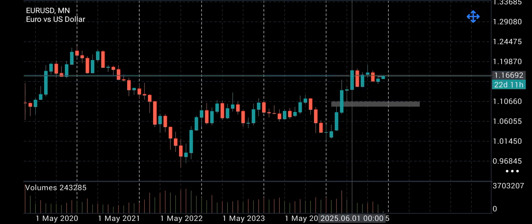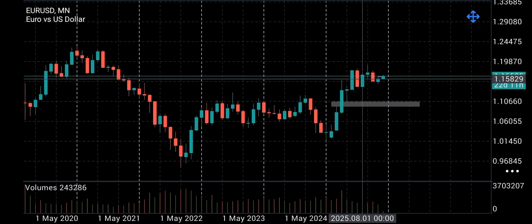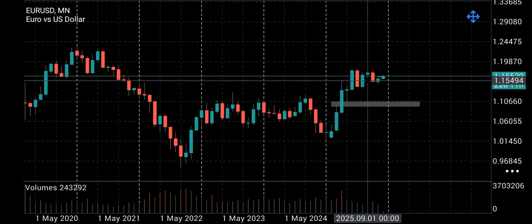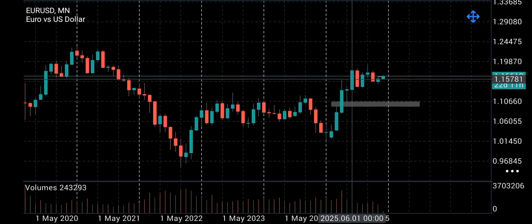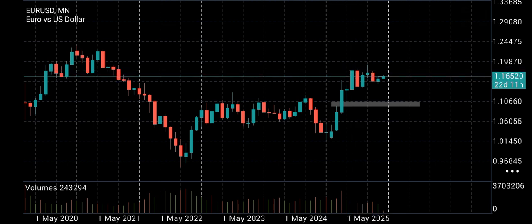This is a piercing candle. This one here is a piercing candle, and then you have this candle sweeping this high and closing inside, and then you have this. So right now the market is still bullish, but this is on the monthly time frame.